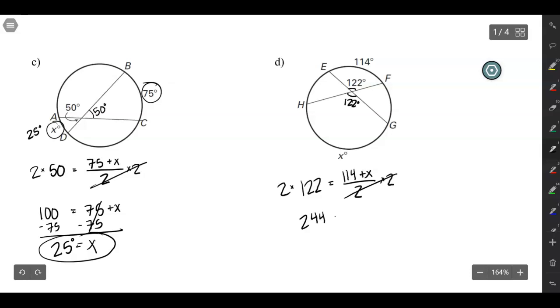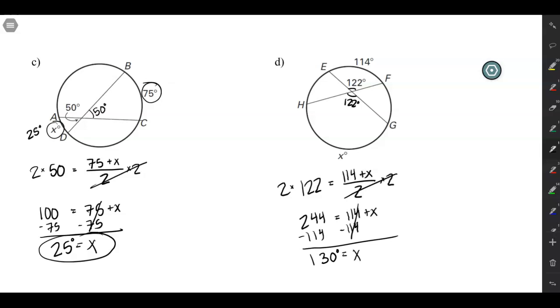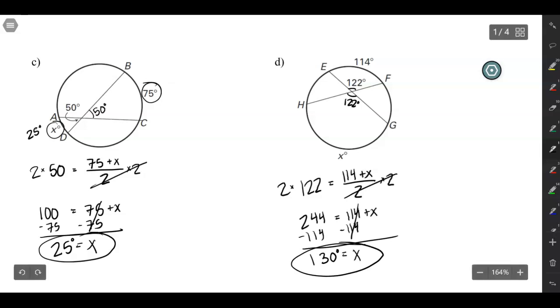That gets me 244 is equal to 114 plus x. Subtract 114 from both sides. Now we just have x is equal to 130 degrees. So then that arc length, or that arc measure, is 130 degrees.